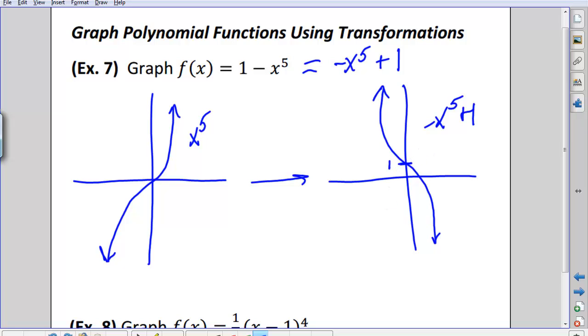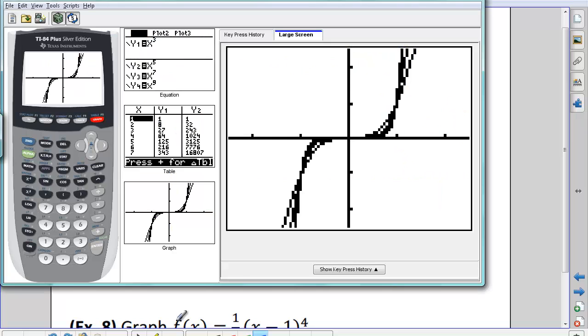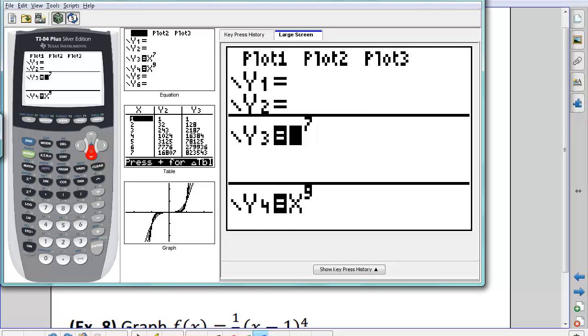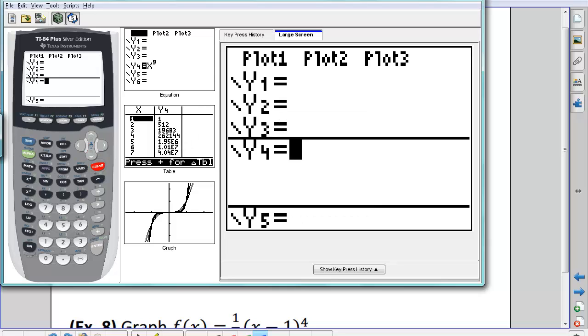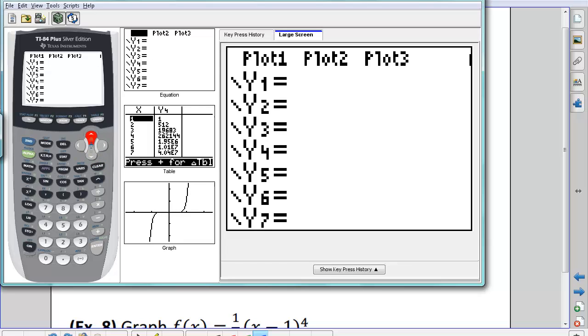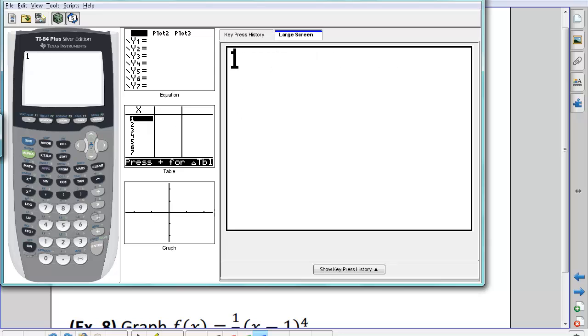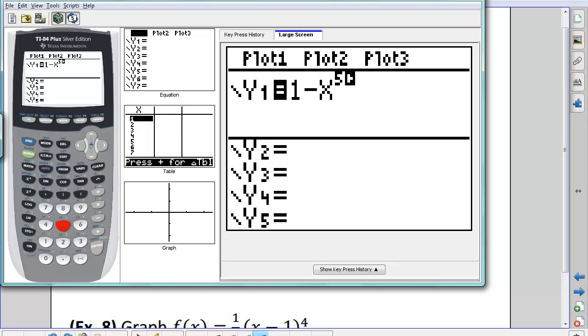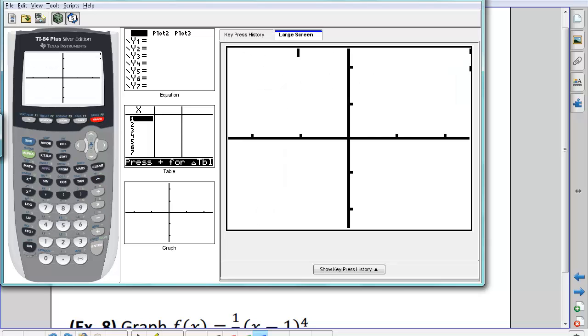And we can definitely check that just to be a little more confident with our answer. If we just look at the graph of 1 minus x to the 5th, hopefully it looks something like that graph we just drew.